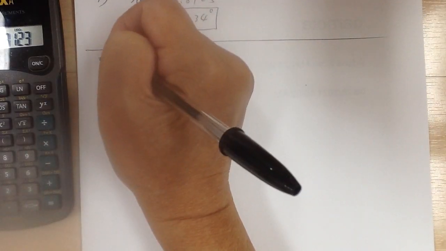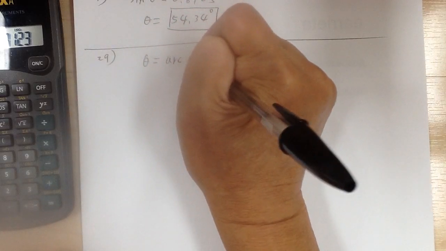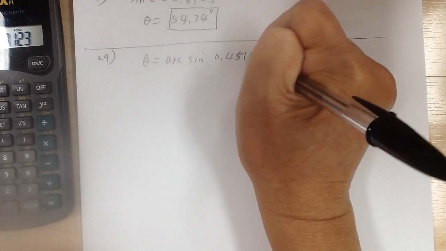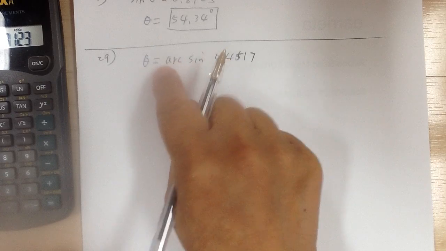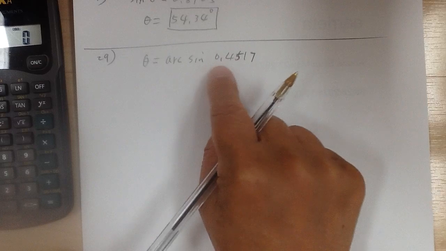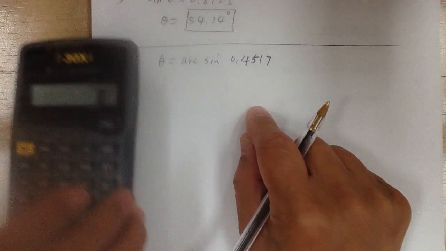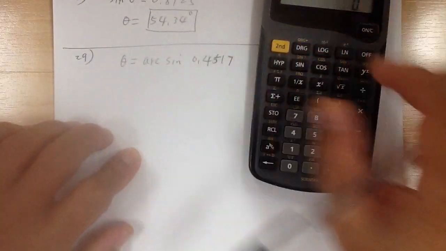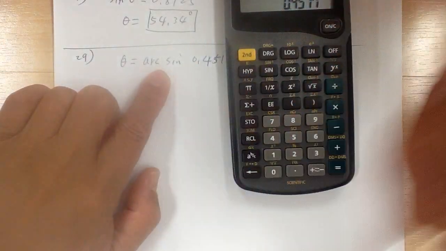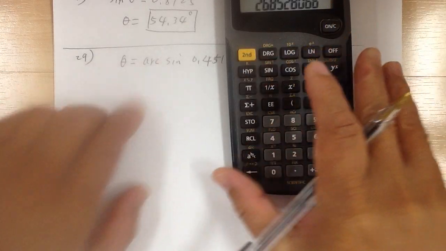Okay, 29. Theta equals arc sine of 0.4517. Again, whenever you're looking for an angle, it basically means you have to use the second function. So you enter 0.4517, and arc sine means the inverse sine, so it goes second sine.